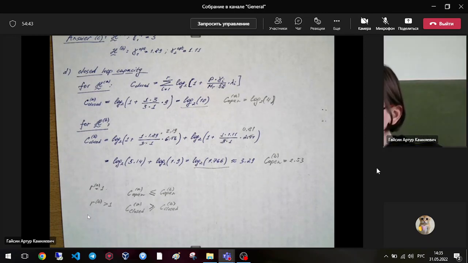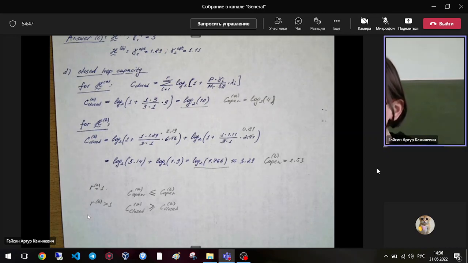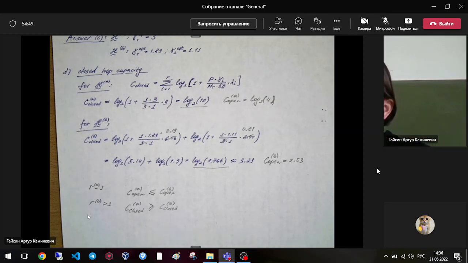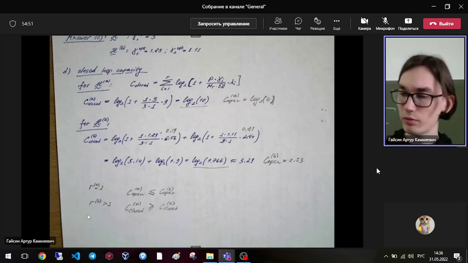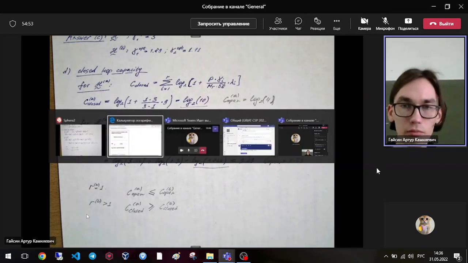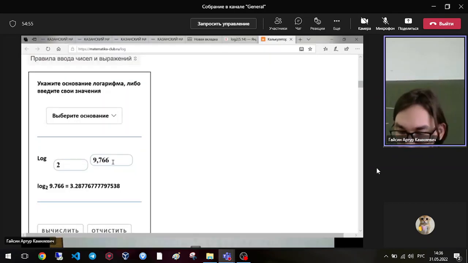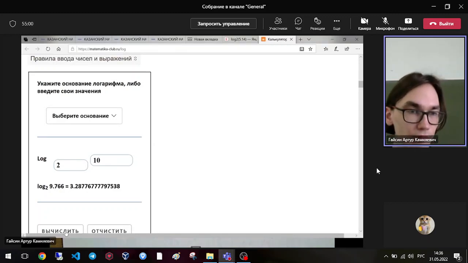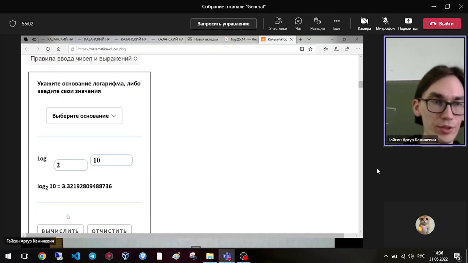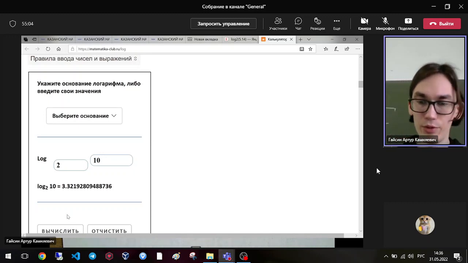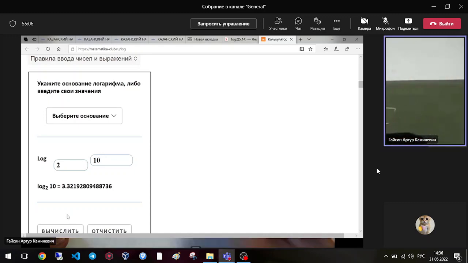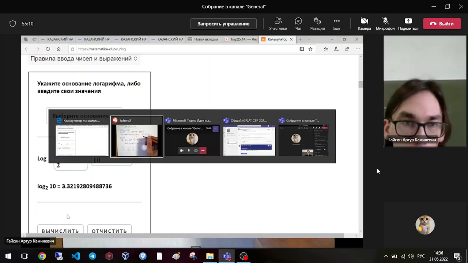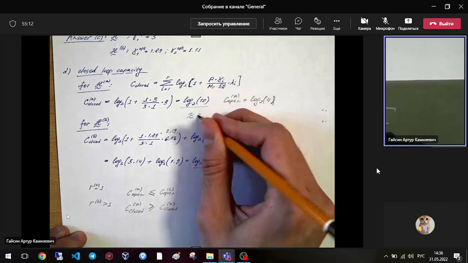Yes, it is very interesting information from these two cases. So maybe calculate what is logarithm of 10. So it is something like 3.32.